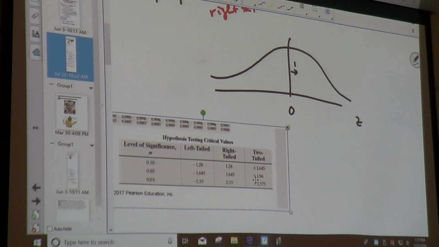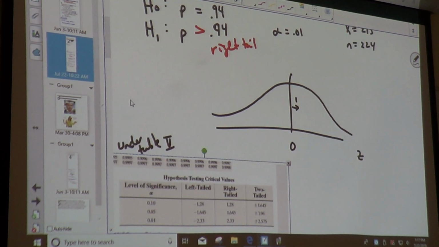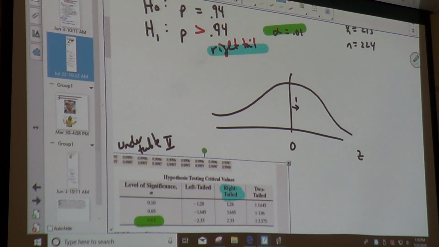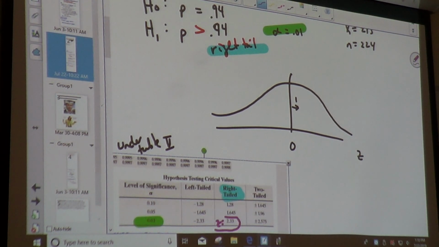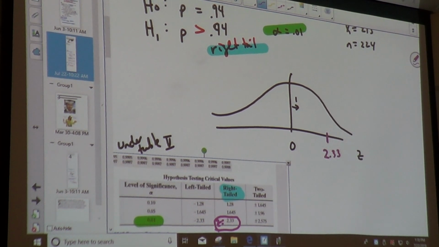So this is under Table 5. We have an alpha of 0.01, a level of significance of 0.01, which is there. And we said that it is right-tailed, which is there, which means this is going to be my Z. So my Z-score is 2.33, and it is right-tailed.